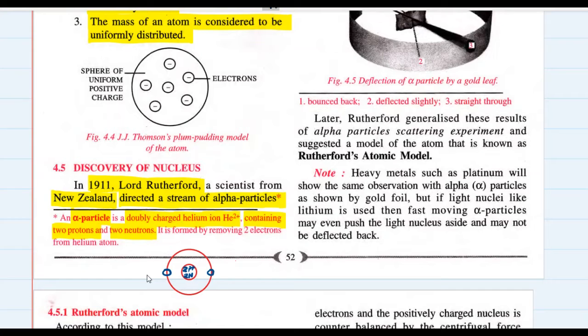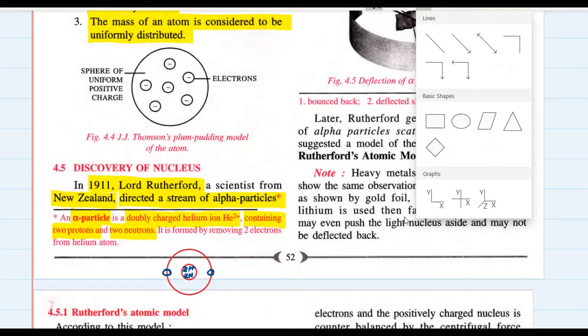So we have two protons and two neutrons inside the nucleus, and two electrons revolving outside in the outermost shell. Now, if the two electrons from the outermost shell of this helium atom are removed, what will it become?